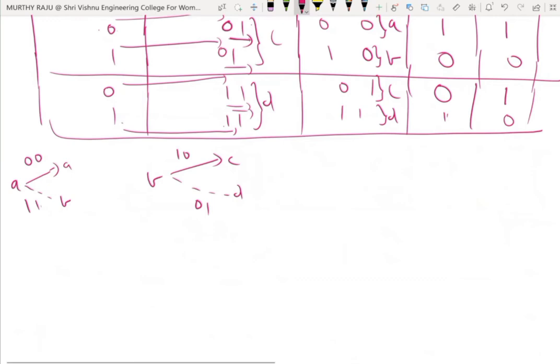Indicated in the signal flow graph. Next, C to A, C to B, 1, 1, 0, 0. Next coming to the D state.